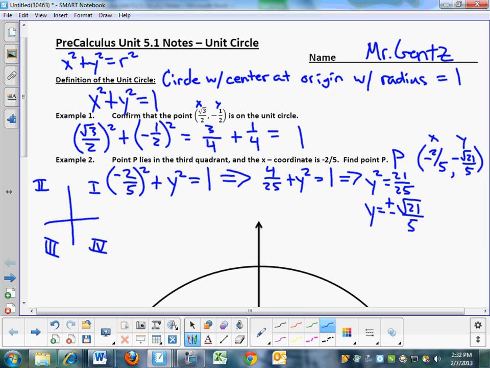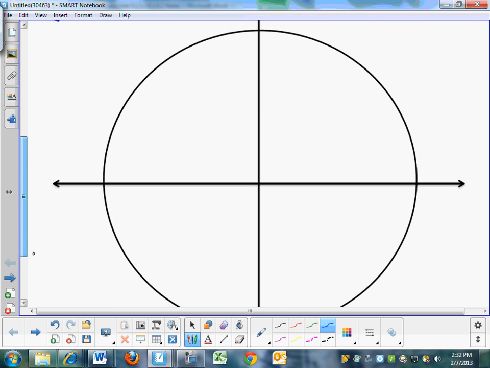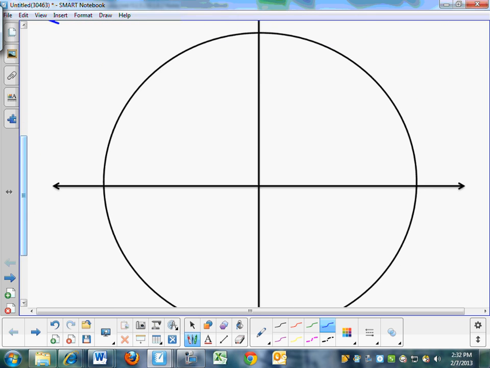Could you determine if they were a point on the unit circle? All right, you got the first problem on your test. Way to go. All right, now we move on to something else. Some of these points that lie on the unit circle are extremely interesting and useful.